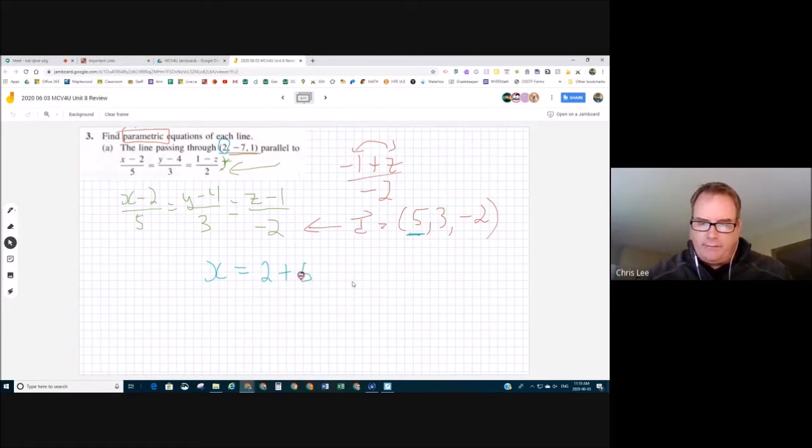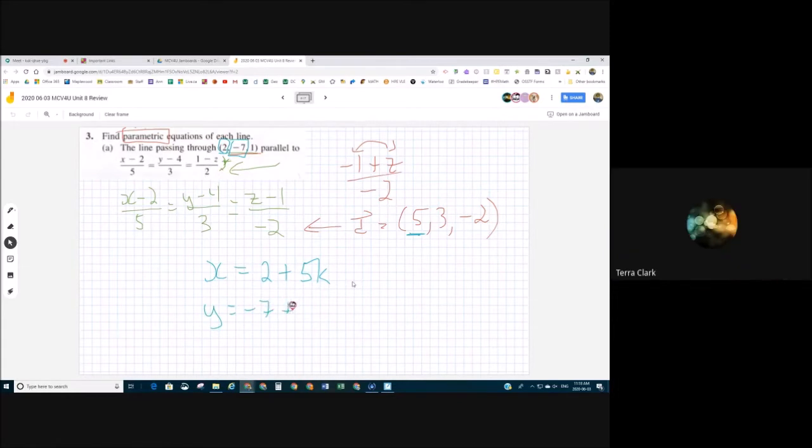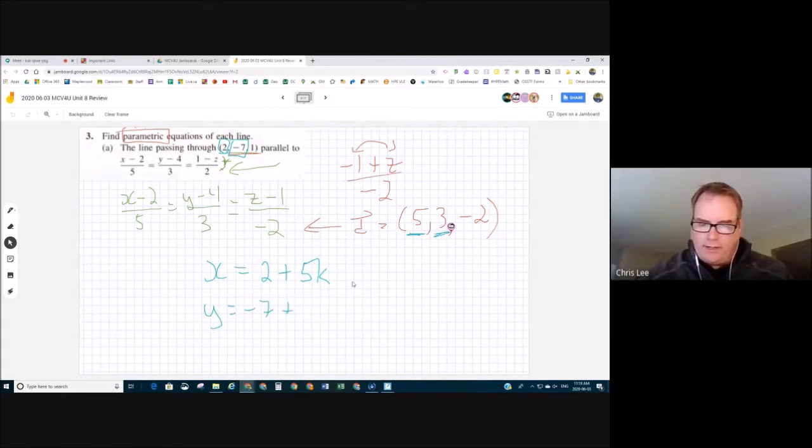So that would be 5k. The y would be the -7 plus a scalar multiple of the direction vector. And z would be the 1, and it would be plus a scalar multiple of this, but because it's a negative, it'll be plus -2k, so we would just write it like that.